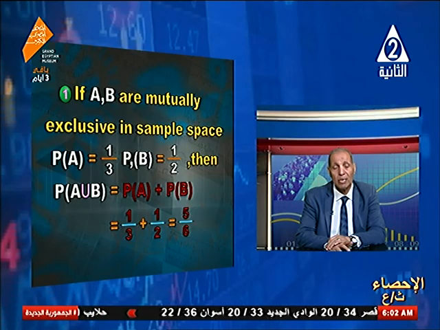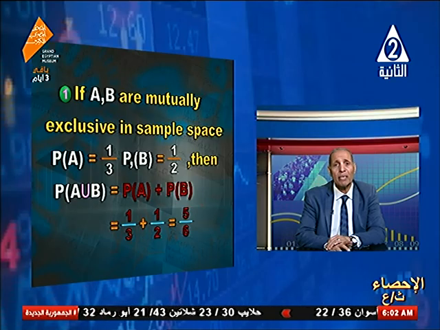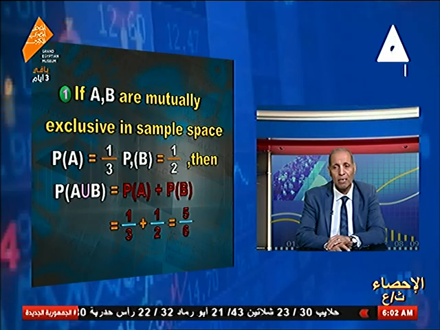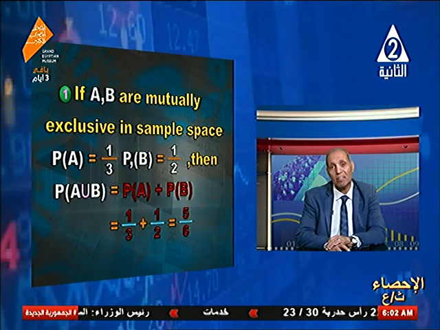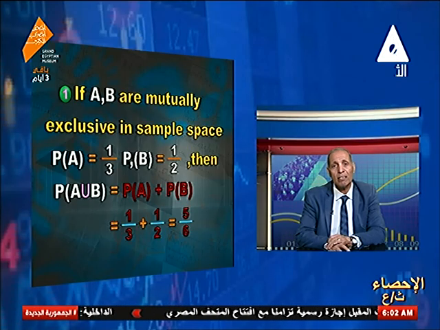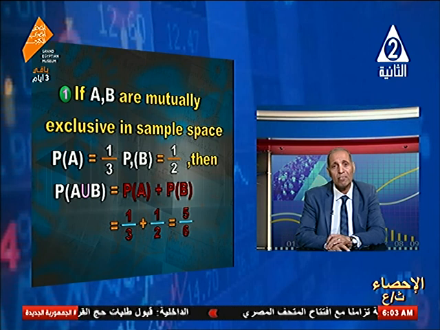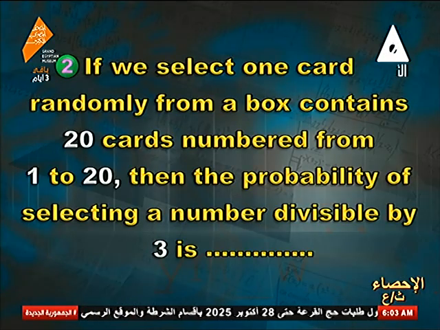Then, when the required is the probability of union of A and B, it equals probability of A plus probability of B minus probability of the intersect. Look at another example.